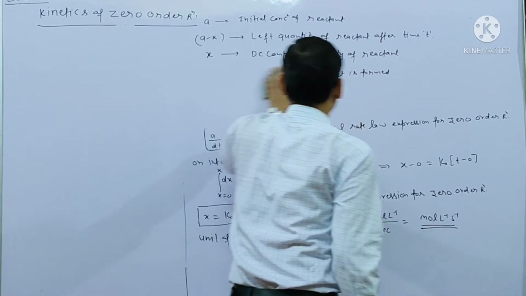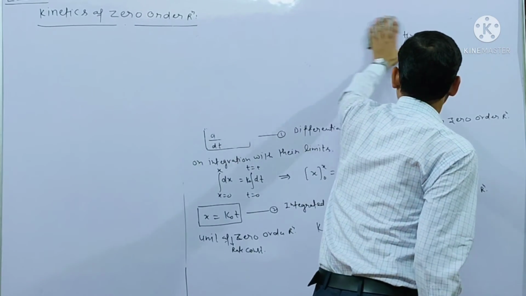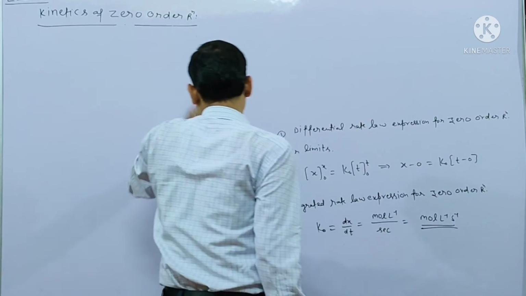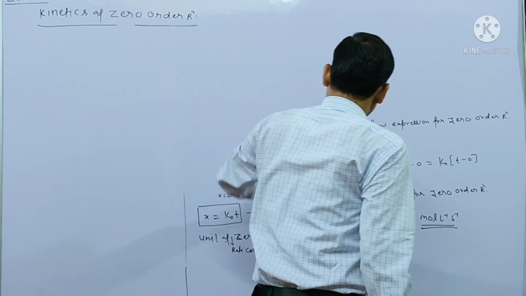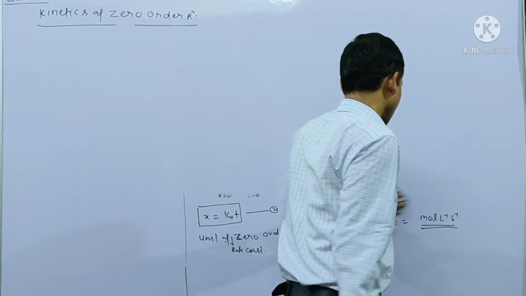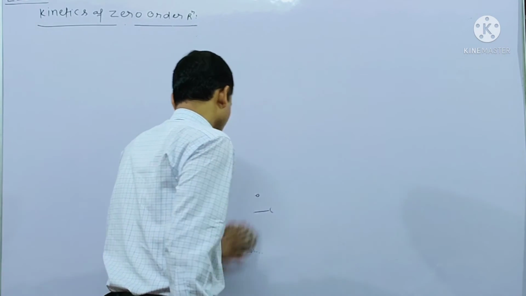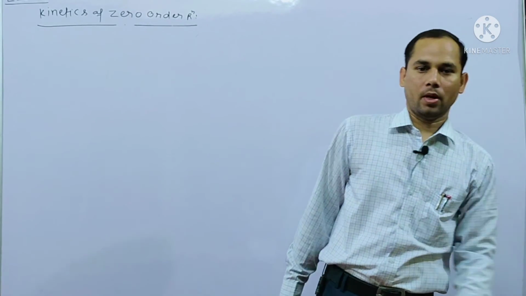Half-life time is the time in which the concentration of a particular reactant reduces to half of its original value. This is called the half-life time. Listen once again. What is a half-life time?